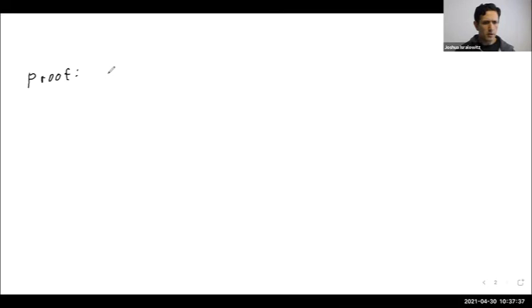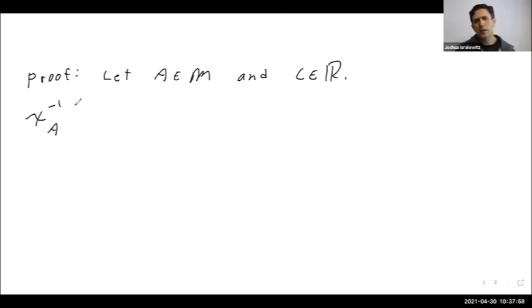So, let's first assume A is measurable, and let's say C is a real number. You can really look at any of the 4 conditions that are equivalent to measurability.